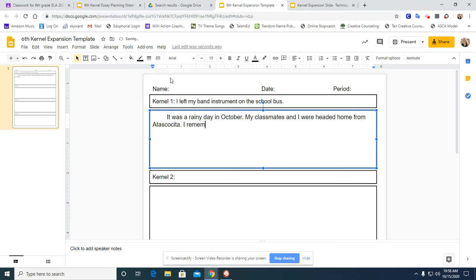I remember the bus was packed like sardines. 6th, 7th, and 8th grade students and all of our band instruments. My expensive, shiny tuba was in the seat next to me.